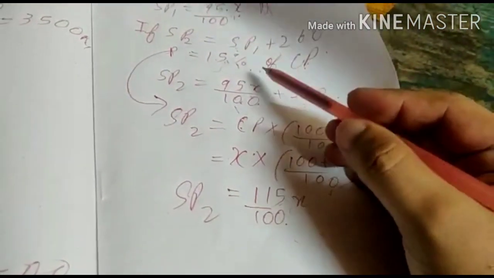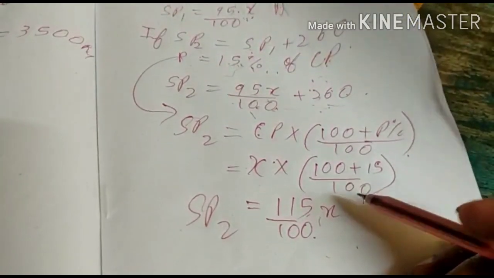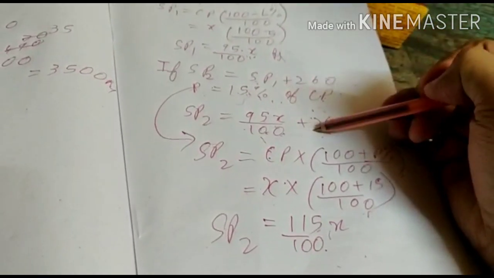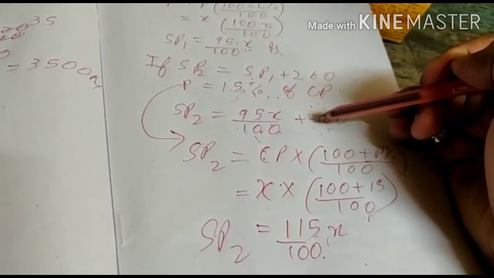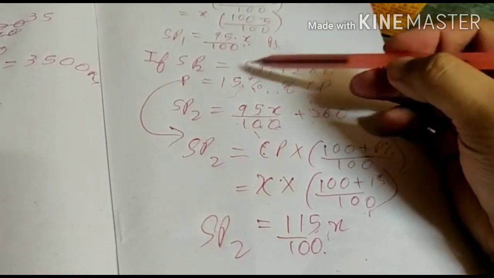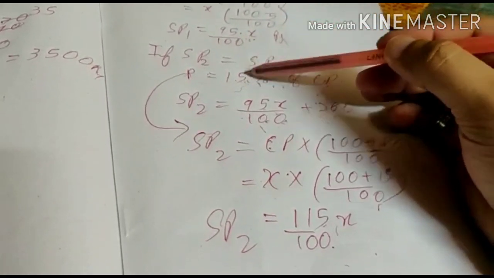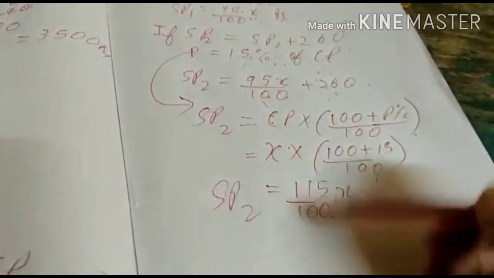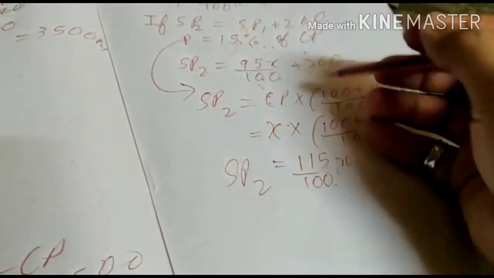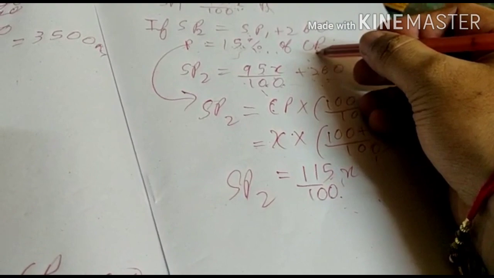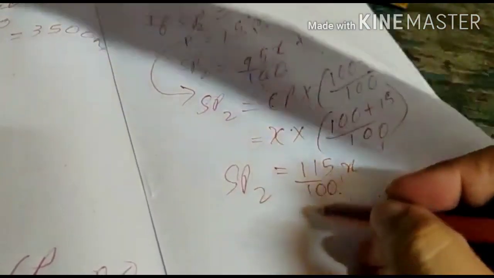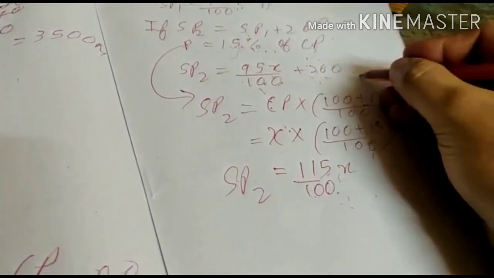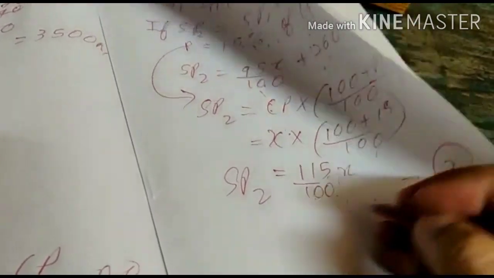You can do it one more way: our SP is this and our CP is X, so if you calculate SP minus CP you get the profit, and the profit percent is 15. We are doing the same thing. So these are both SPs, this one and this one.